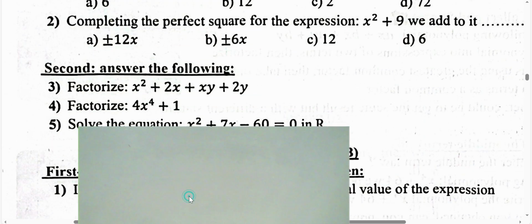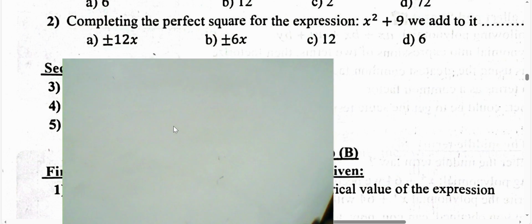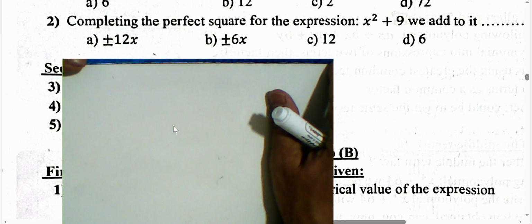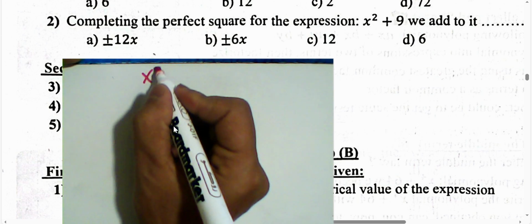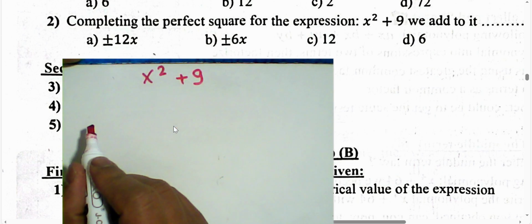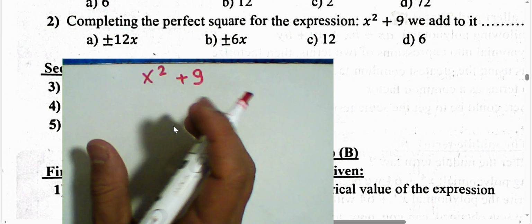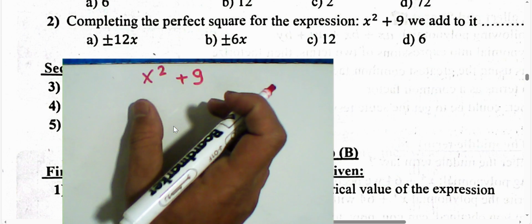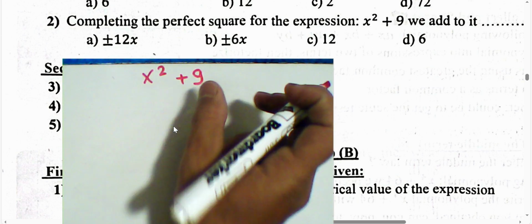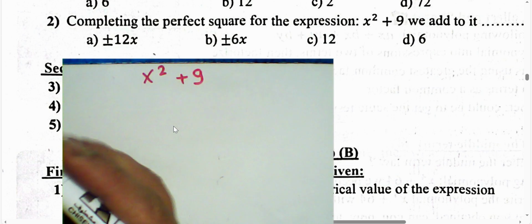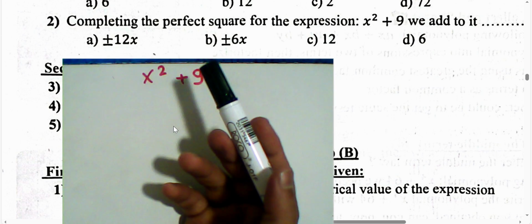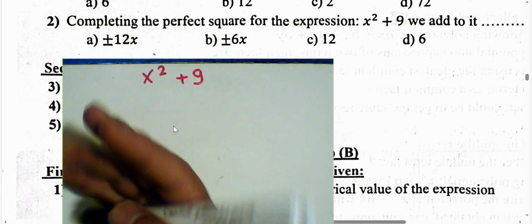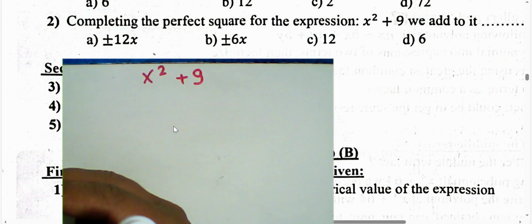Next question. Completing the perfect square for the expression x² + 9, we add what? Look here. We have x² + 9. We must convert this expression to x² plus the square root of the first and the third, and the middle equals 2 times the square root of the first multiplied by the square root of the third.